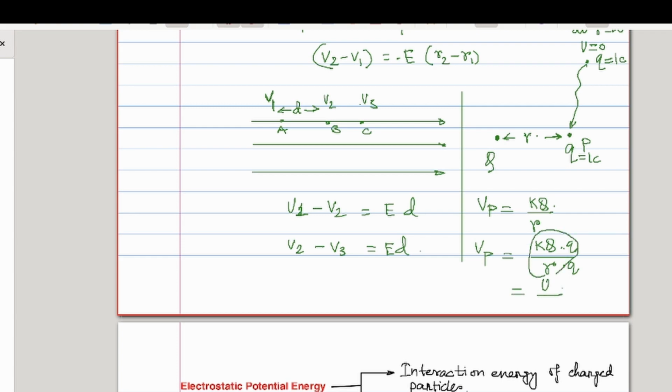This represents the interaction energy between two charges divided by the test charge. Okay, so when we are calculating the electric potential at the point of the charge due to the other charge, then we have to divide by the test charge. Okay, and the charge situated at the reference point, at the point which I am considering for my calculations, this is called the test charge.